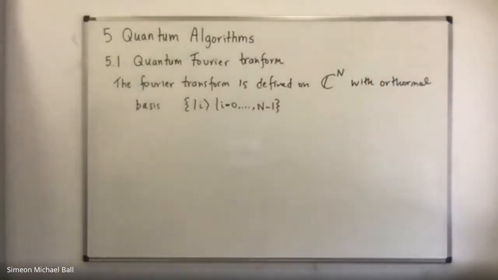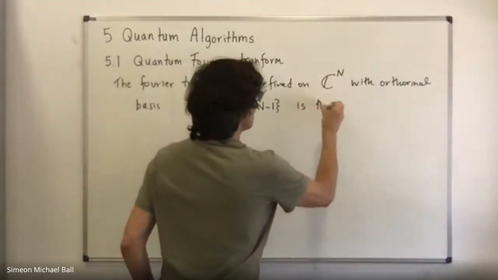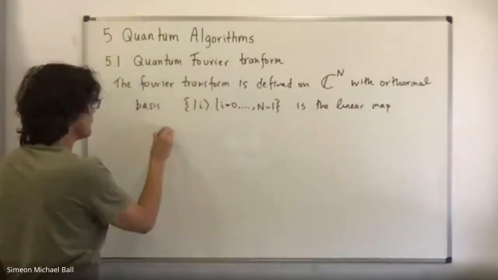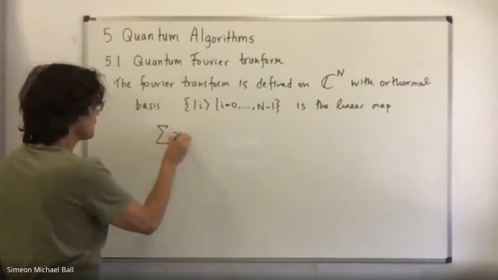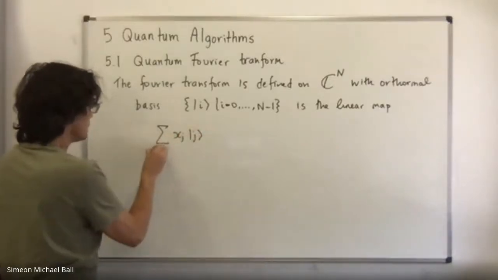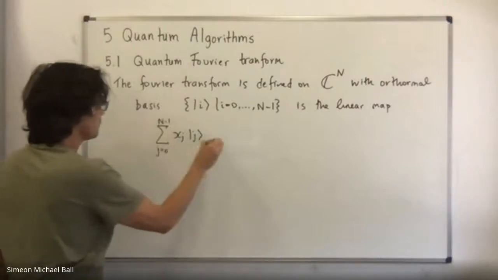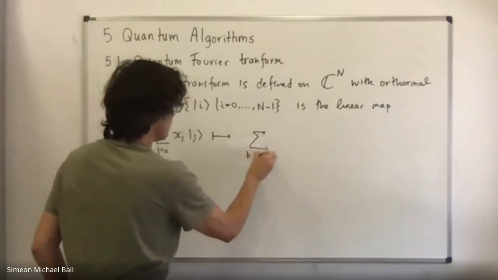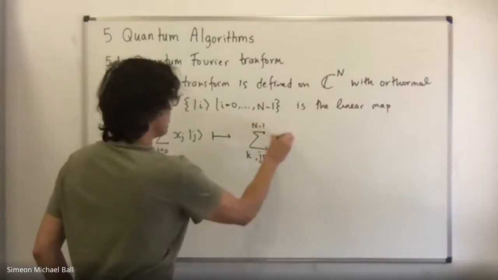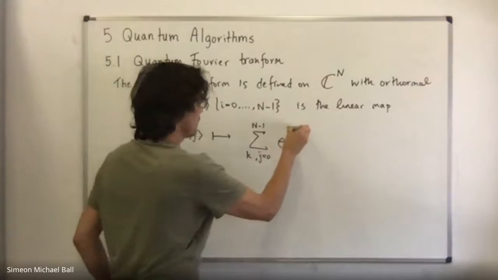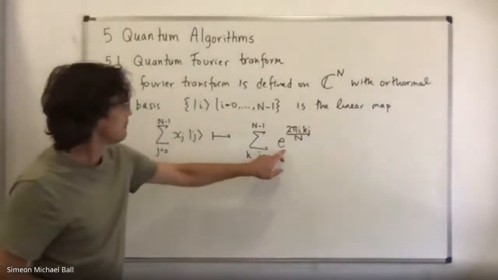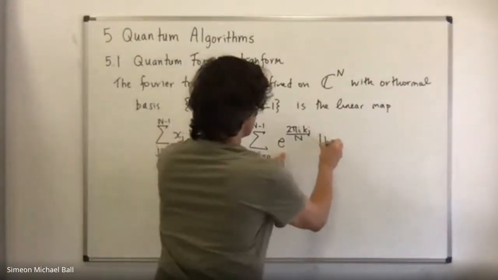So the Fourier transform is defined as the linear map that will take a vector, let's say x_j, and we're going to sum over both k and j of e to the 2 pi i kj divided by N. So there are complex roots of unity here with the k.